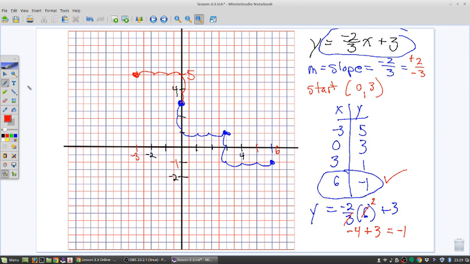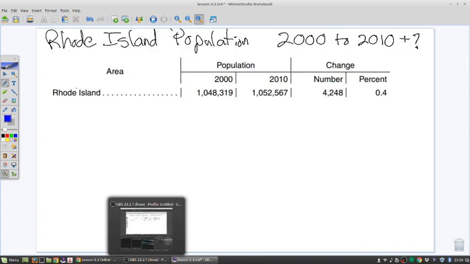So I'm going to draw a line through here to the best of my ability with this tool. So that roughly should be my line. And I'm just going to throw some arrows on it to indicate it heads that way forever and this way forever.